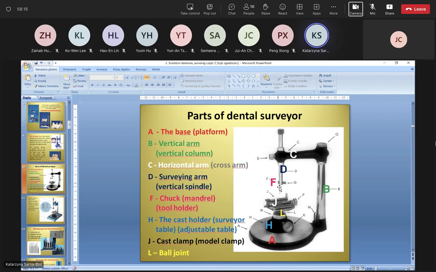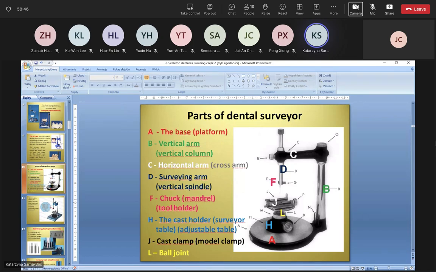because I will show you on the next slide that we have four kinds of tools which can be placed in the tool holder, in the mandrel, and they play a special role in the surveying procedure. Then we have the letter H, the cast holder. This is the surveyor table, the adjustable table.